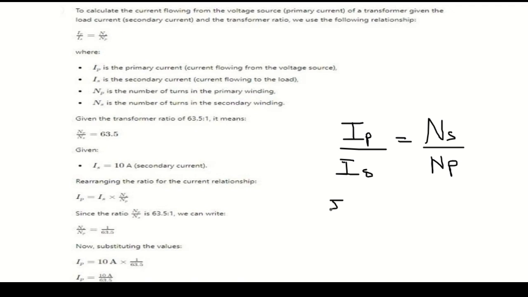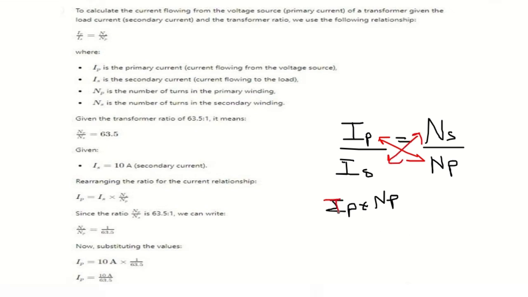If you cross multiply, IP multiplied by NP is equal to IS times NS.